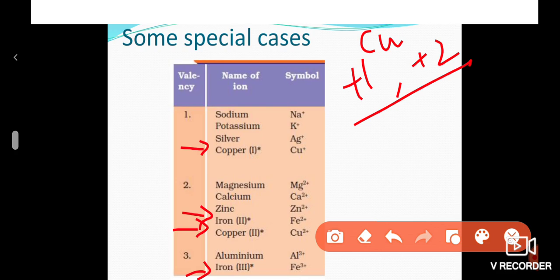Copper is also like this, the valency of copper is 1 or 2. So in this kind of molecule, first we have to find out whether that ion exists in the form of 1 or 2, 2 or 3. Okay. First, we look at an example.